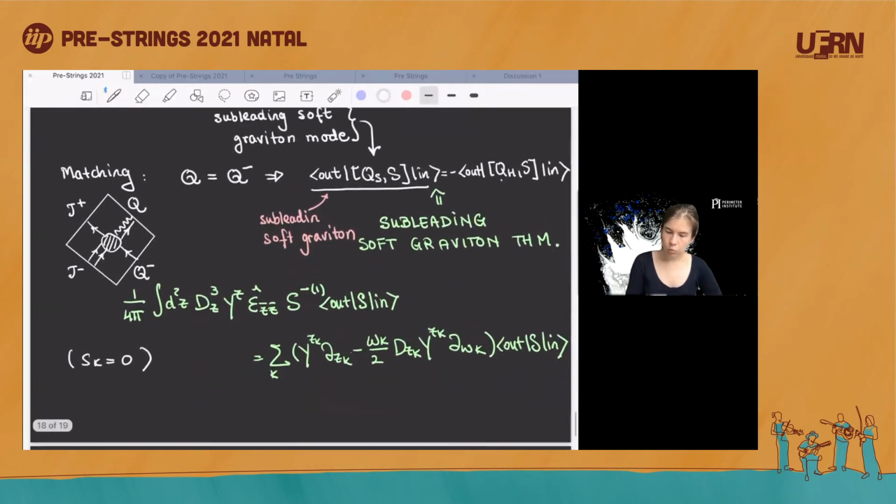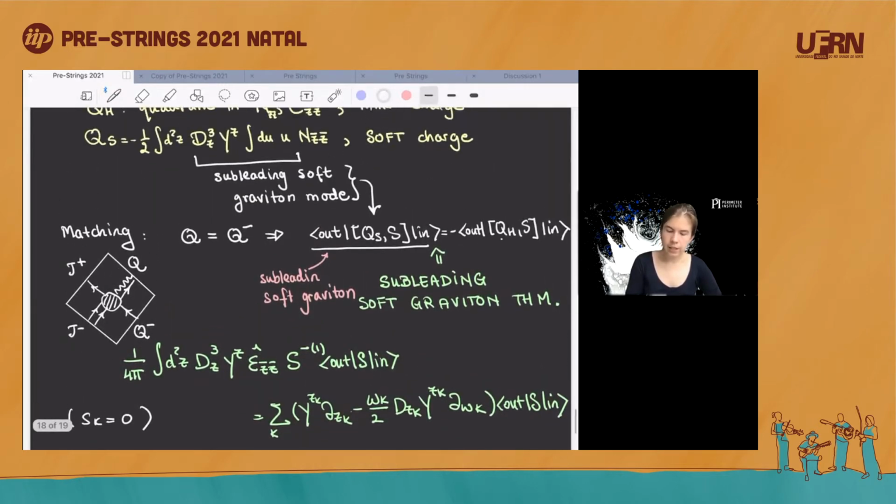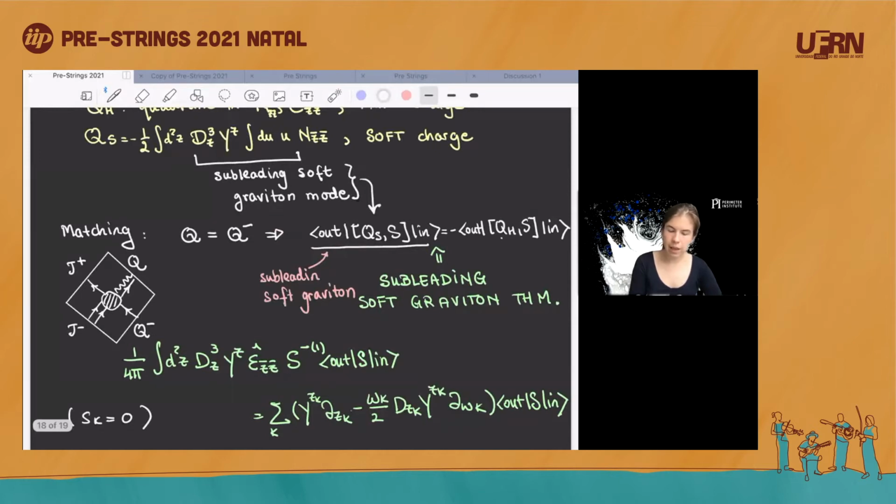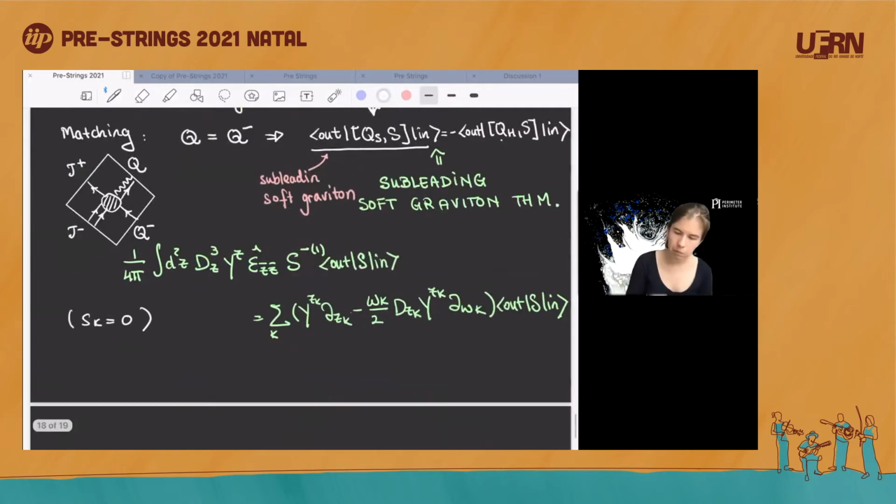So we hence established that the matching condition is equivalent to the subleading soft graviton theorem, or perhaps, in fact, conversely, the subleading soft graviton theorem is a statement about charge conservation, where these charges are associated with this infinite dimensional symmetry.